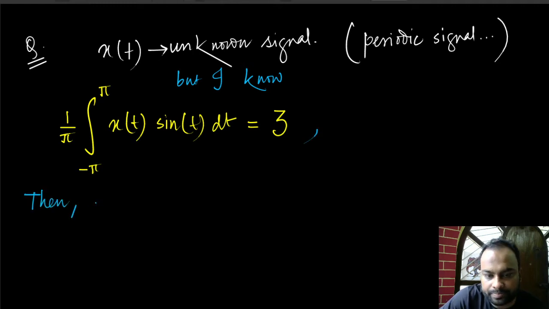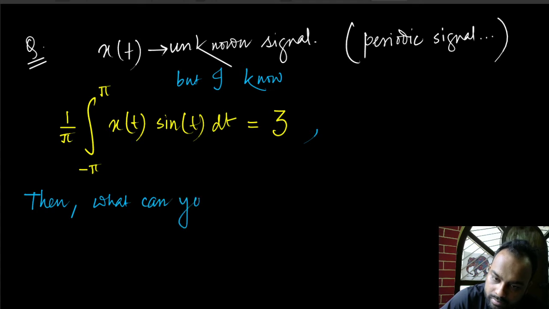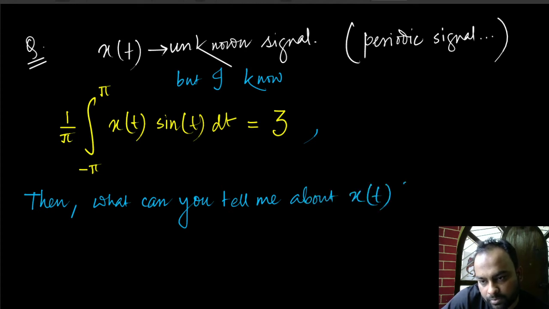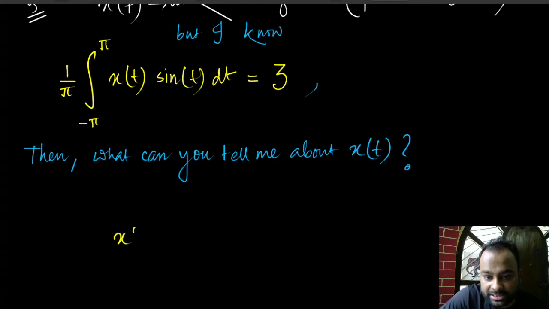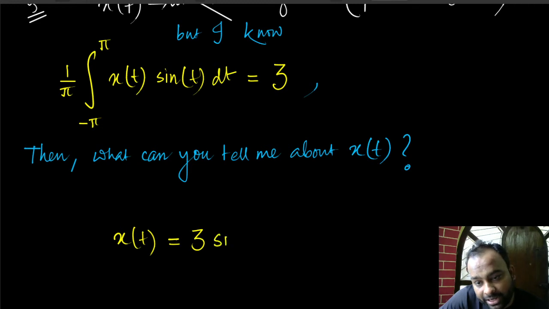So the question is then: even though xt is an unknown signal, from the result of this integration we can infer that xt has a component that looks like this.